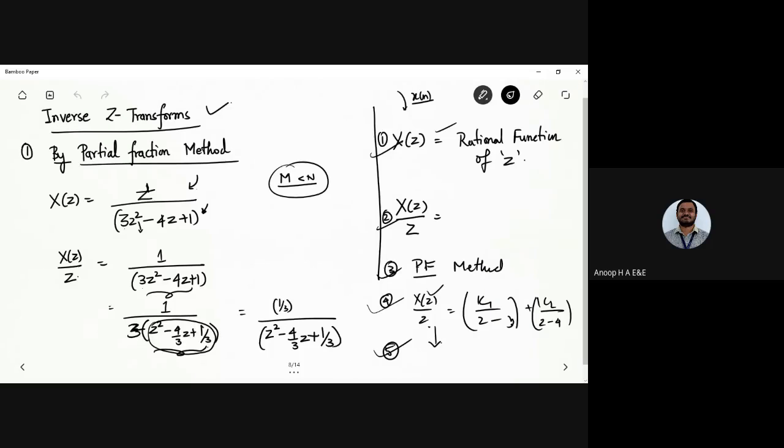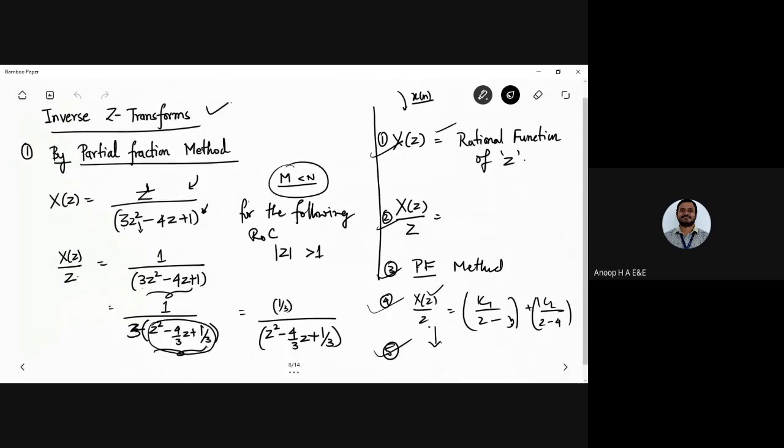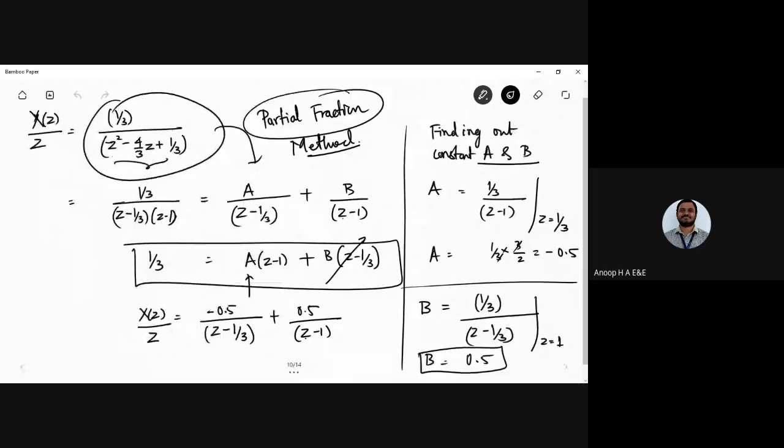You have to find the inverse Z transform for the following ROCs: mod Z greater than 1, next mod Z less than 1/3, and third, the annular region where mod Z is between 1/3 and 1. Looking at these ROCs, you can find out what the roots of the equation are.